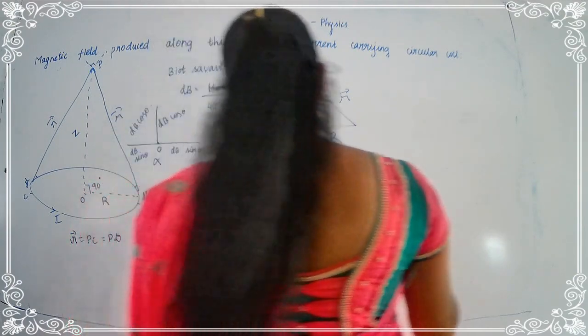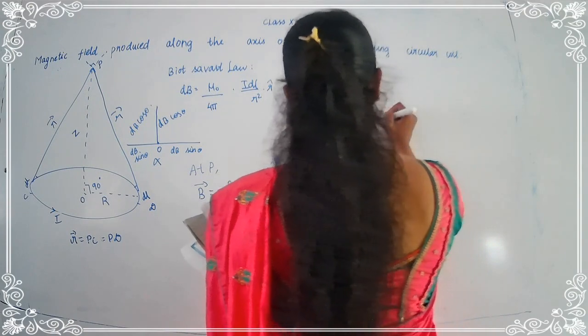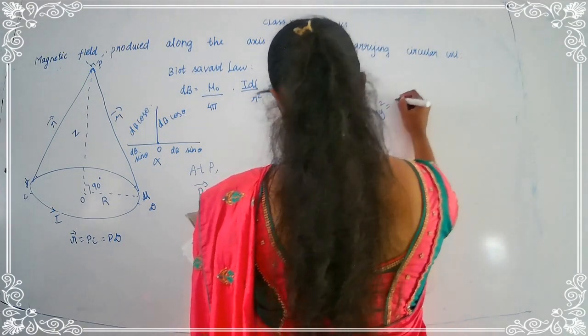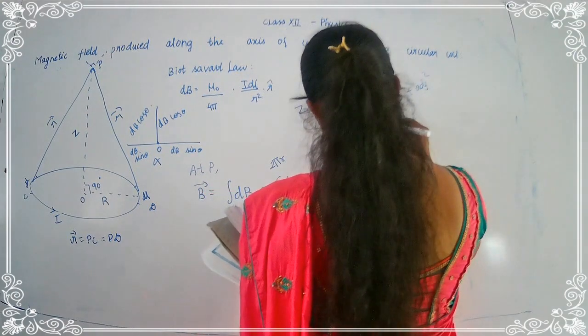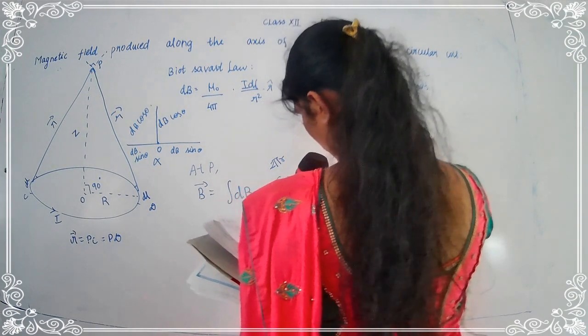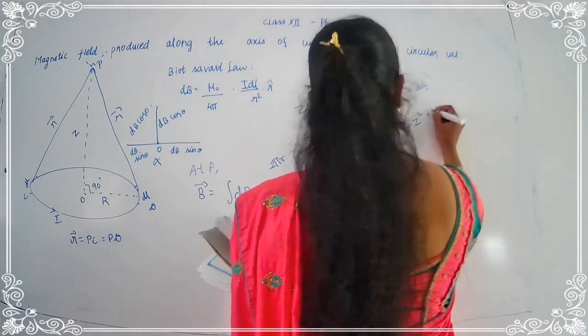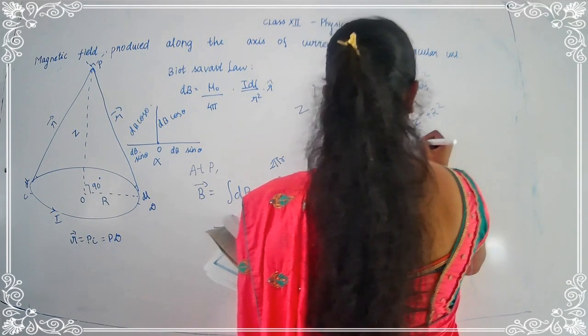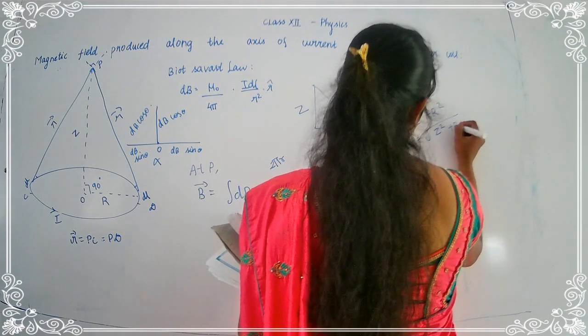The hypotenuse square is equal to opposite square plus adjacent square, isn't it? So what is hypotenuse here? r, so r square is equal to z square plus r square. So what is r? r equals root of z square plus r square. So we found the r.